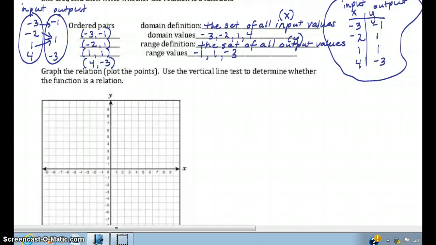So that's what we're going to look at right now. The vertical line test typically is much simpler to understand and to apply, so I encourage you to think about that. Okay, -3, -1, and -2, 1, and 1, 1, and 4, -3.